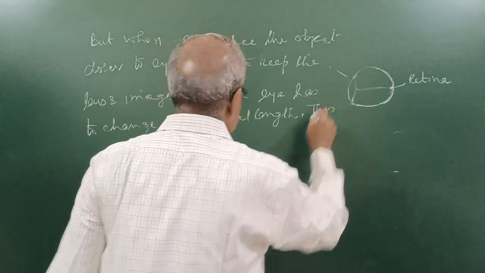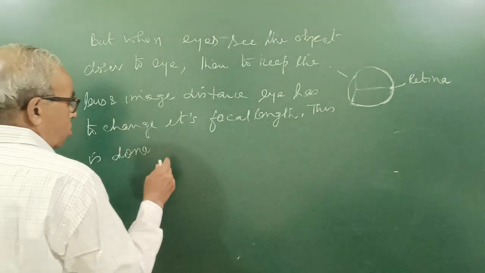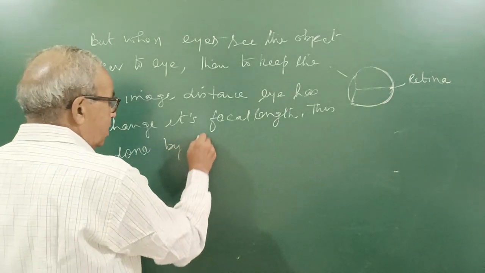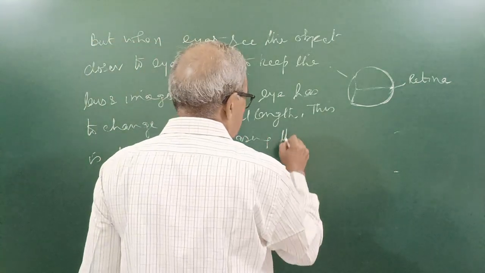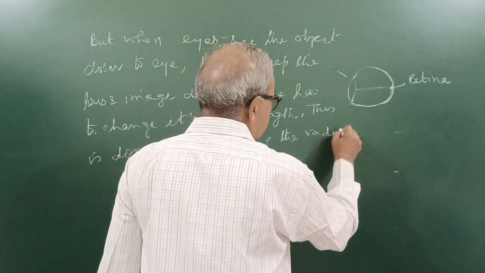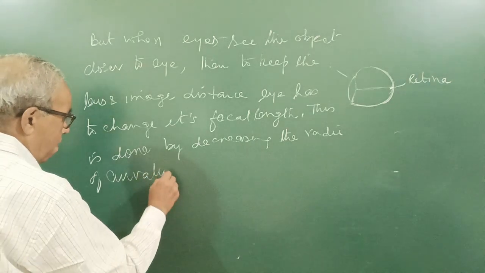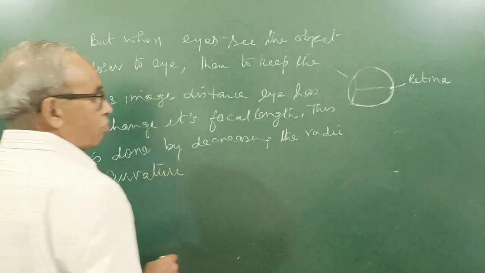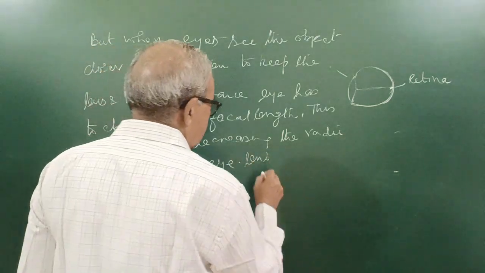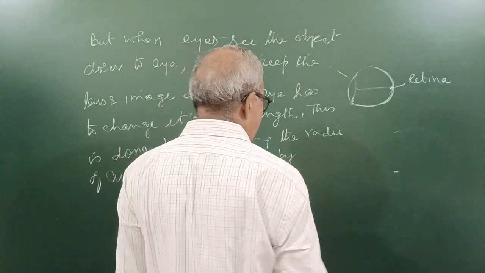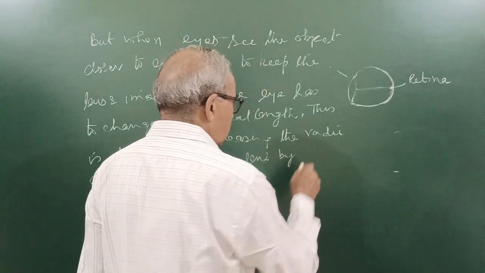This is done by decreasing the radii of curvature of the eye lens by ciliary muscles.